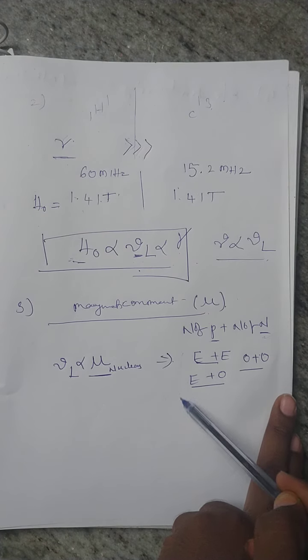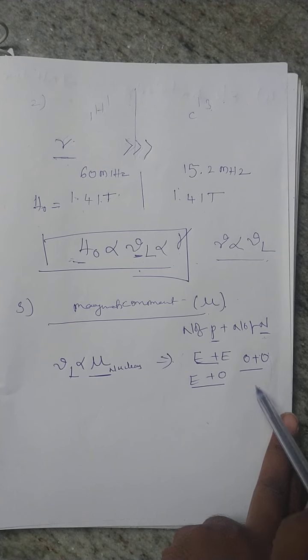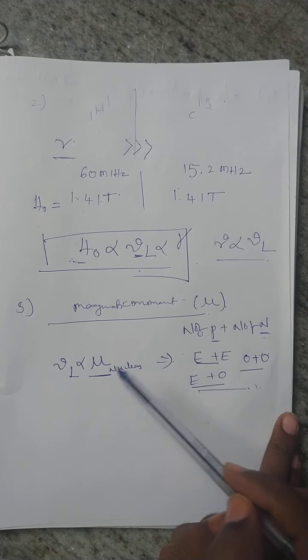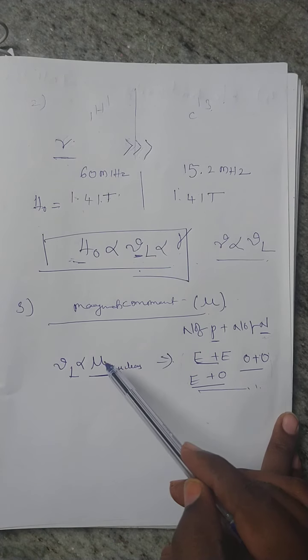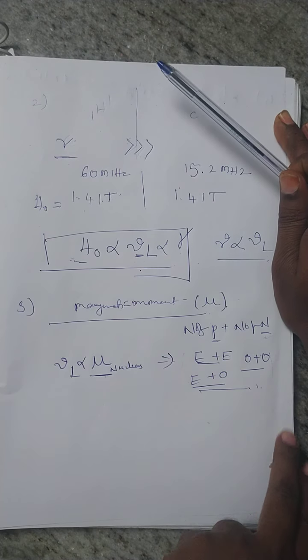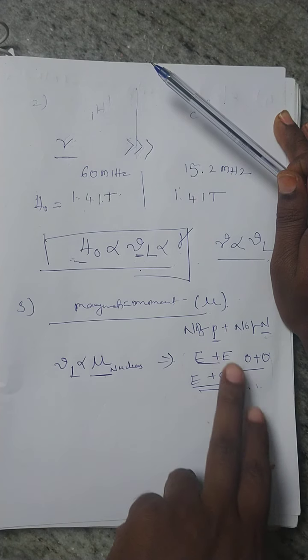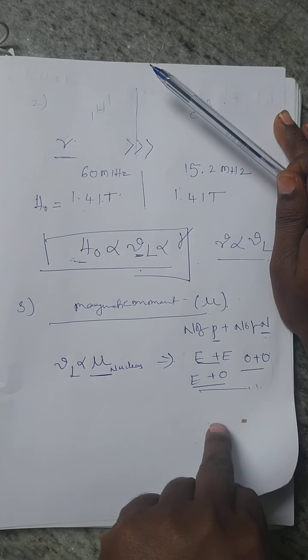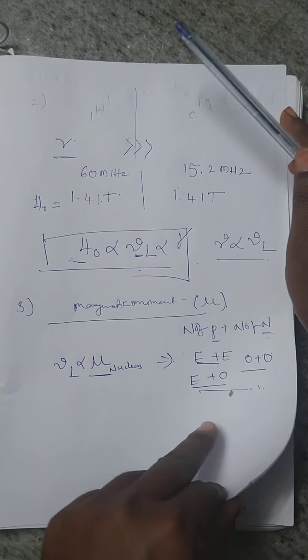This combination will influence the magnetic moment of the nucleus. Evidently, the higher the magnetic moment of the nucleus, the higher its magnetic nature, and the more it will be influenced by the external magnetic field, right?